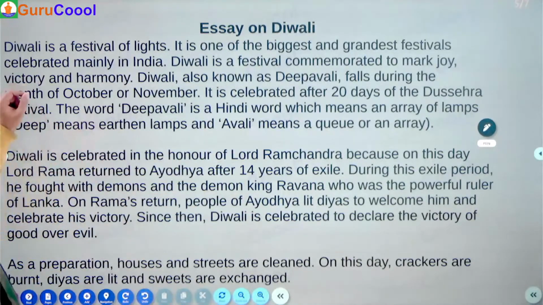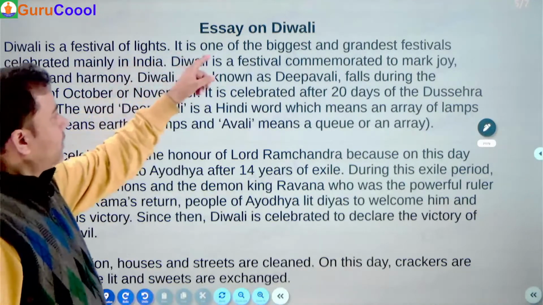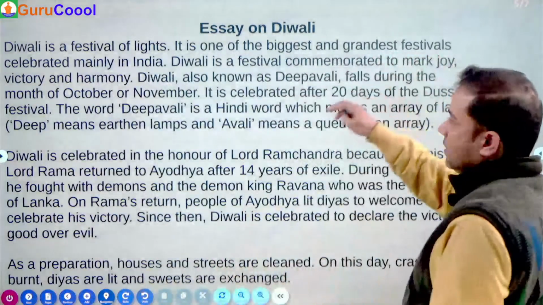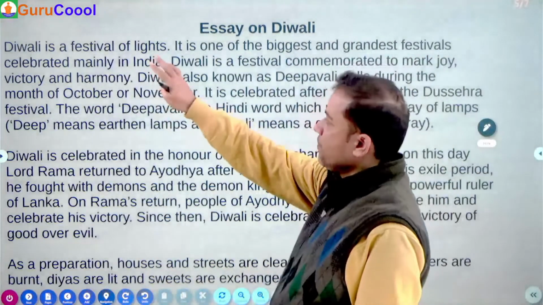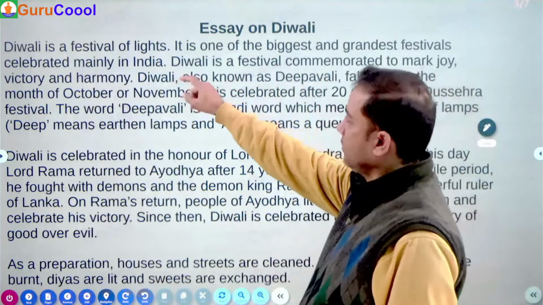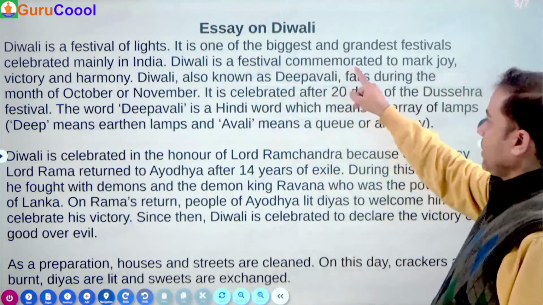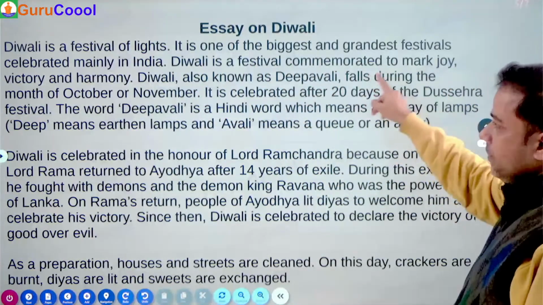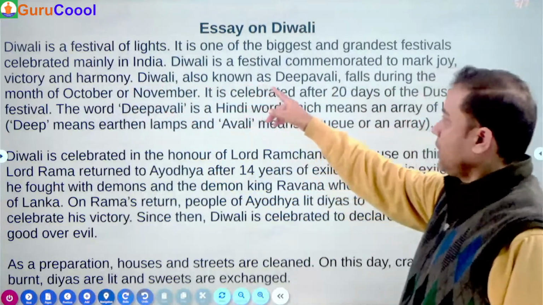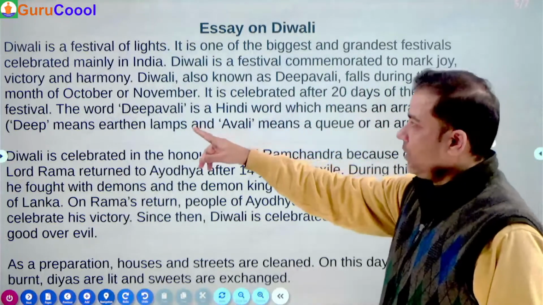See what is written. Diwali is a festival of lights. It is one of the biggest and grandest festivals celebrated mainly in India. This was the first sentence. Then it says, Diwali is a festival commemorated to mark joy, victory and harmony. Diwali, also known as Deepavali, falls during the month of October or November.